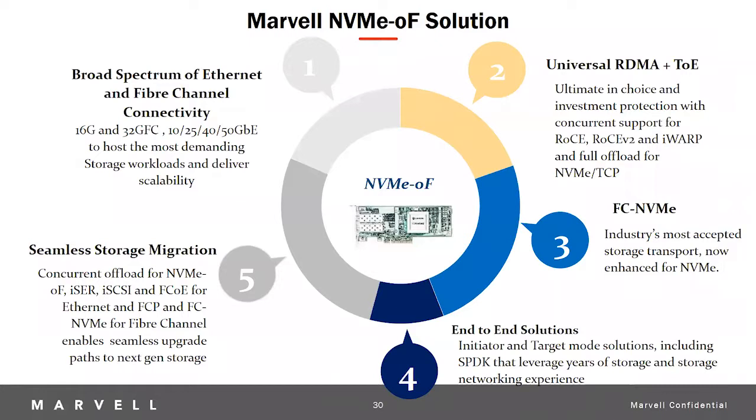We have solutions with 10, 25, 40, 50, and 100. 100 should be here, it's a typo, for both RDMA and soon TCP transport. And from a flexibility perspective, we have both RoCE v1, v2, and iWARP, depending on your scale and complexity.